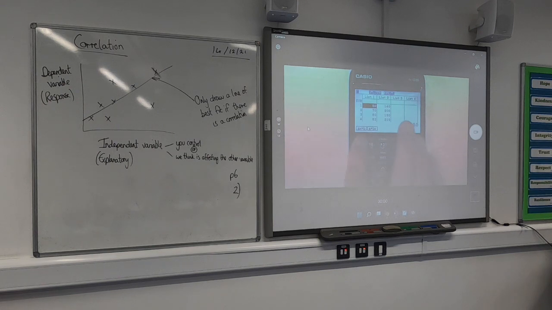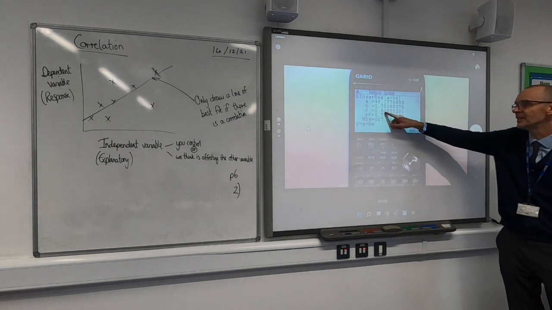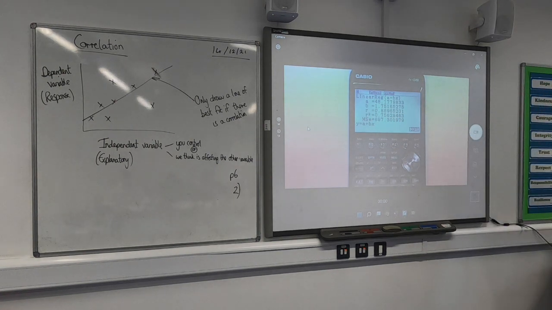It doesn't actually matter which of these two buttons we press, but you'll see later on in this lesson why we're going to press the a plus bx. You get the same answer. We get a lot of information which we do not need, with the exception of one value, and that is r. So this is the calculation of r.